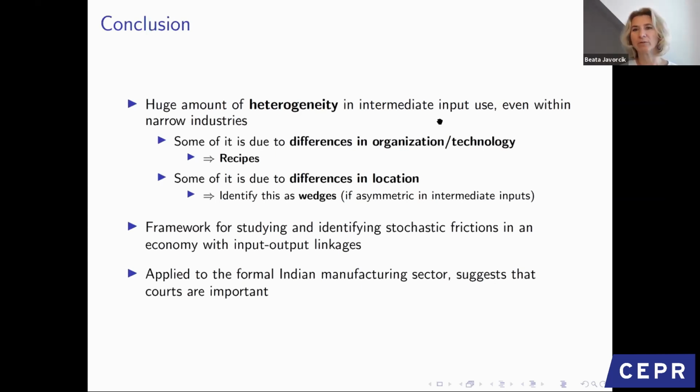So now a question from Giordano. Should we think about distortions as changing cost shares or output elasticities? In other words, are there meaningful markups in the model? That's a good point, and I unfortunately didn't have time to talk about that. There are no meaningful markups in this model. We are assuming marginal cost pricing, and you can have certain types of markups in such a setting, but it's not trivial, and in any case, we're not separately identifying them.